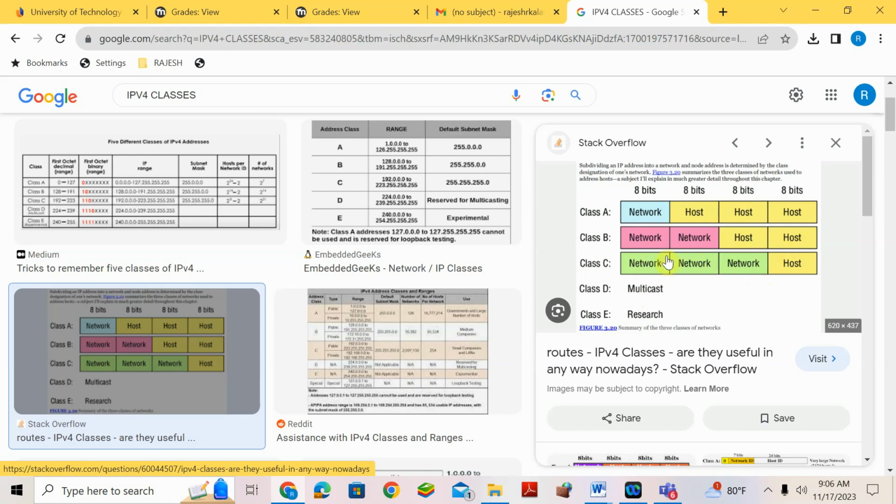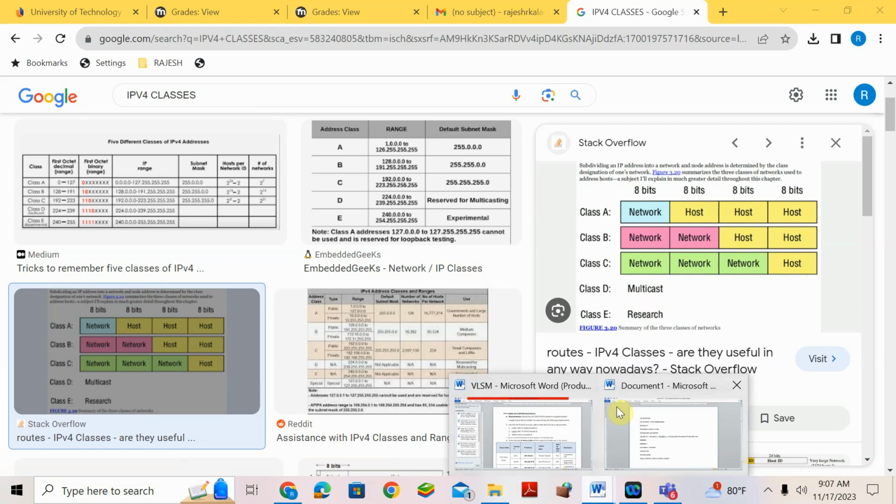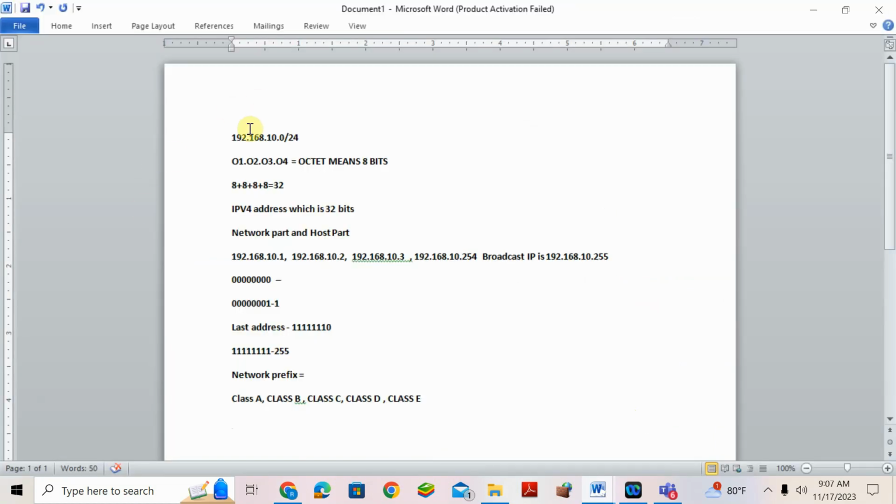Okay, see, 24 bits are network, remaining 8 bits for host. That's why here we have 192.168.10.0/24, meaning 24 bits are network, remaining 8 bits are host.